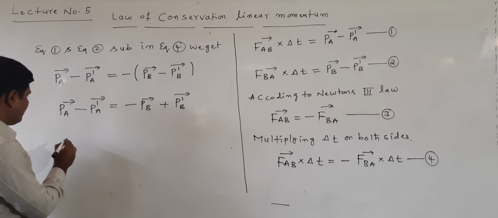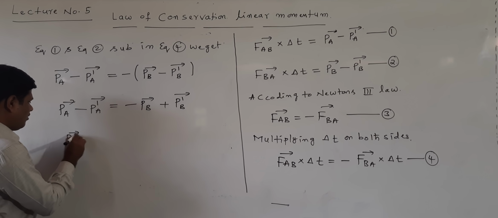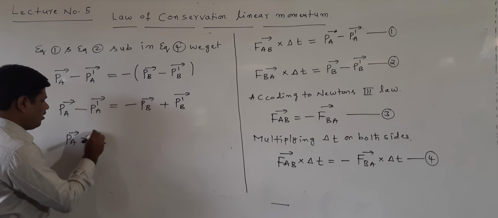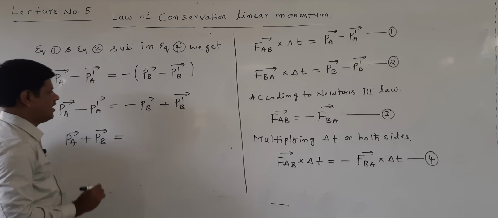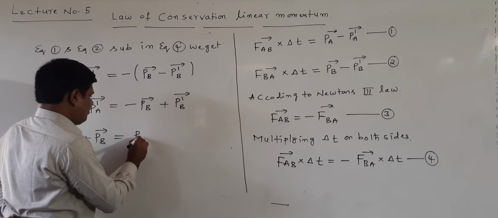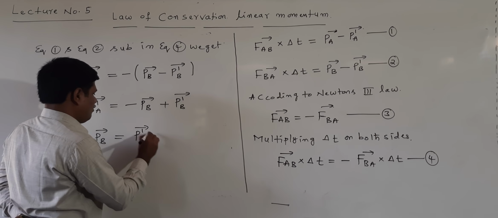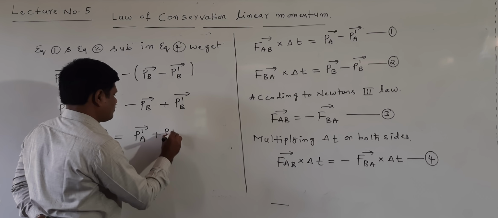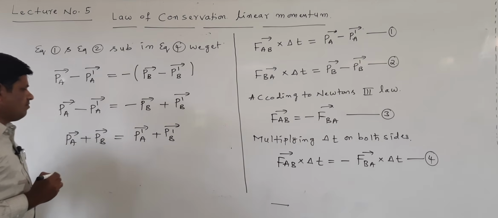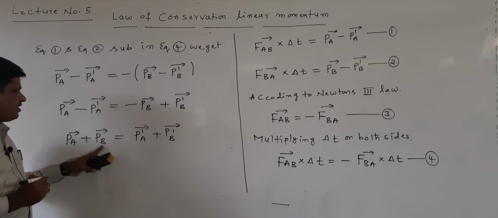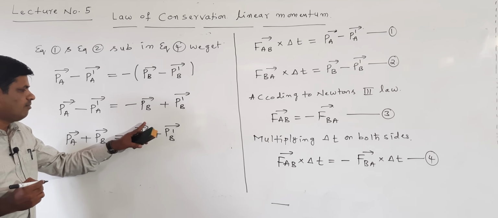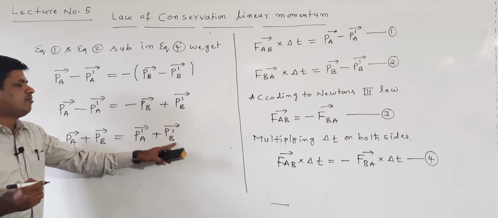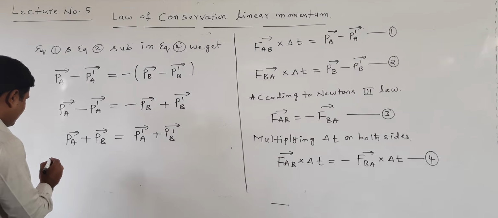Now from this I am writing PA bar plus PB bar is equal to PA dash bar plus PB dash bar. So PA bar plus PB bar is equal to PA dash bar plus PB dash bar.